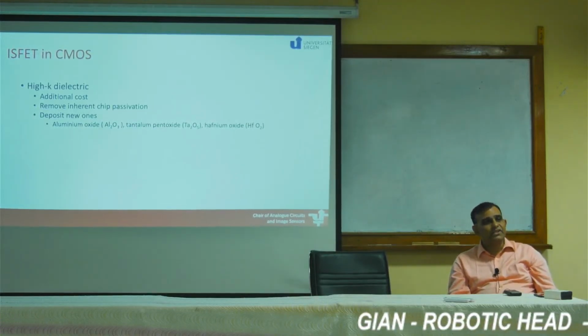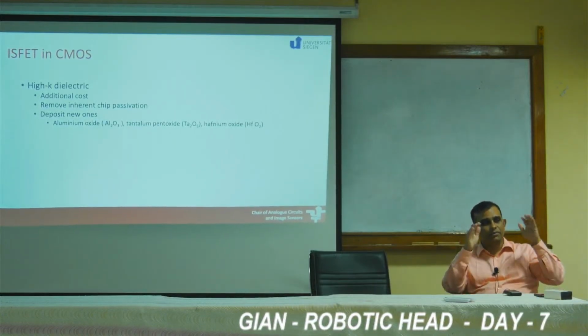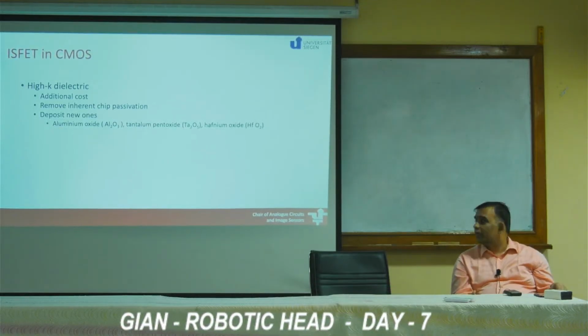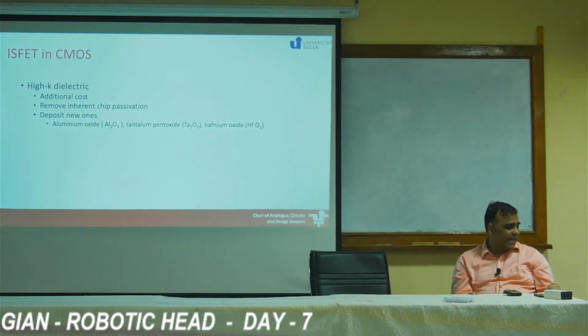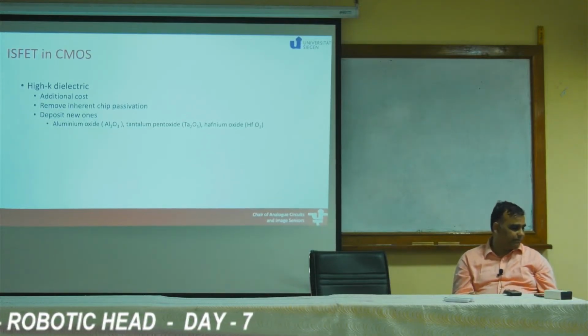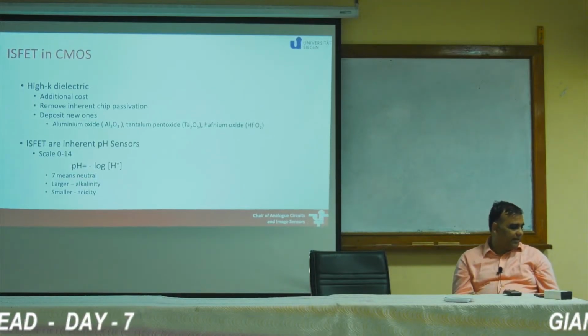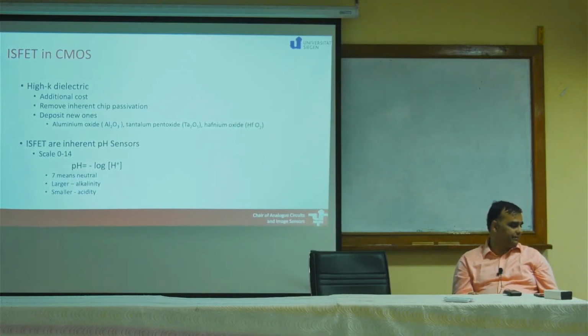Of course, it comes with additional cost because passivation is given to you for free. Now, you have to remove the top layer and then deposit your new layer of oxide. So, typically people have tried metal oxides, aluminum, tantalum or hafnium, and then they have used these as inherent pH sensors here.